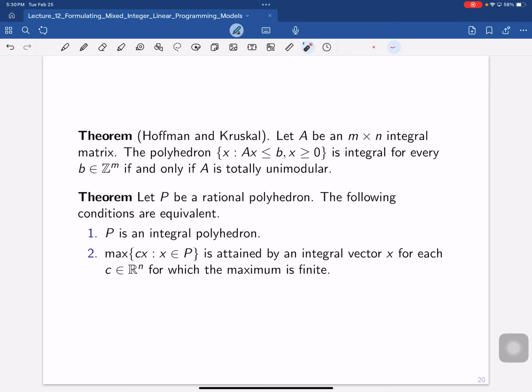Because due to Cramer's rule, you are dividing the adjoint matrix by the determinant of B. If the determinant of B is -1 or 1, then you are essentially dividing an integer by -1 or 1, and B inverse is always integer. That's the intuition, but to prove it rigorously will need a very lengthy and tedious proof, so we will skip that.